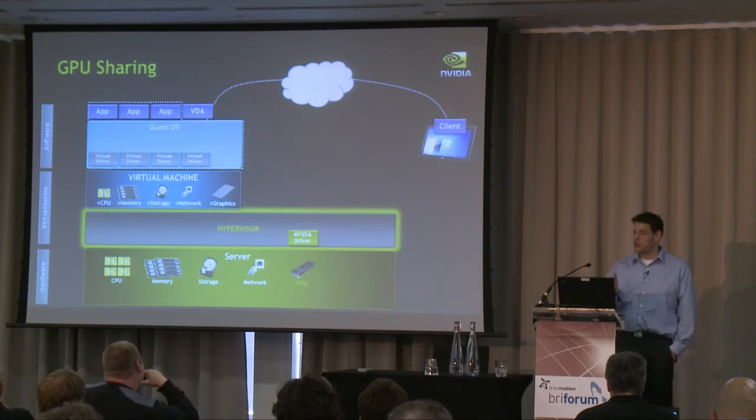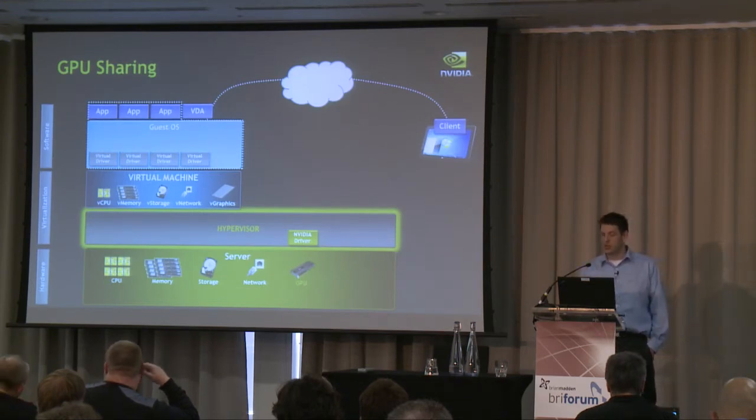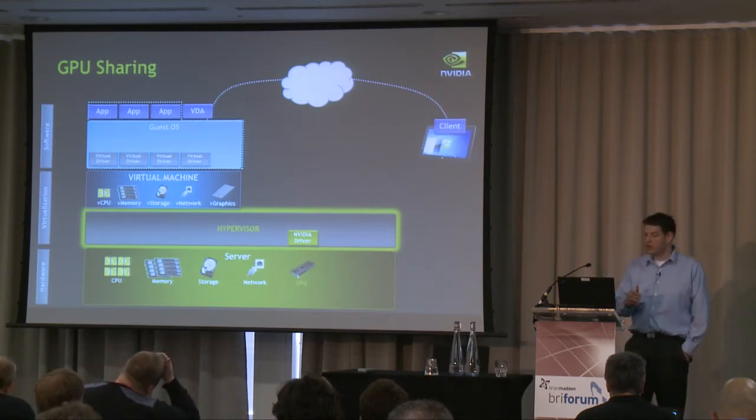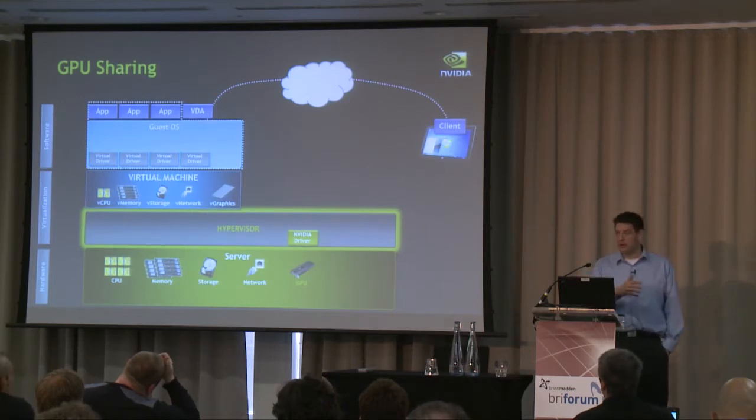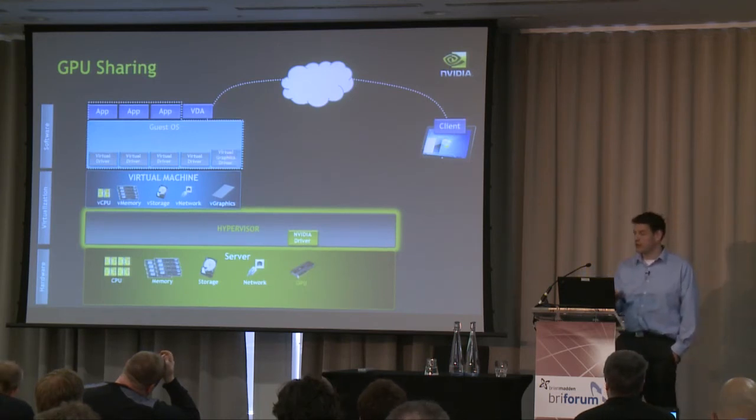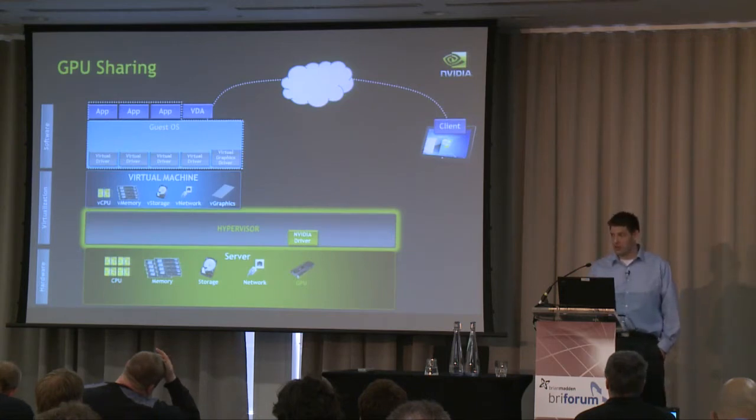Because now the GPU is not visible to the virtual machine, you have a virtual graphics device appearing in the virtual machine, which is not actually the NVIDIA device. If you use, for example, VMware, it's a VMware virtual graphics card there. Because of this, you can only use a generic virtual graphics driver, and not the NVIDIA driver. The NVIDIA driver lives in the hypervisor.